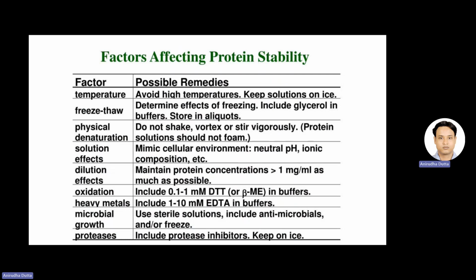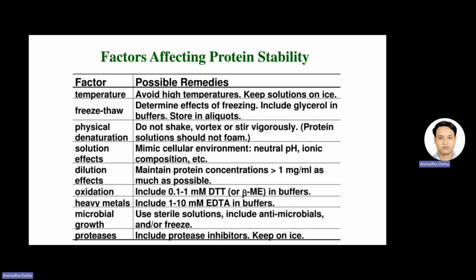So EDTA is a chelating agent that chelates all the metal, and it will not be available for the metalloproteases to bind and act on. Other than that, sometimes heavy metals can interfere with the interaction between amino acids and other things, and that's how it can denature the protein.